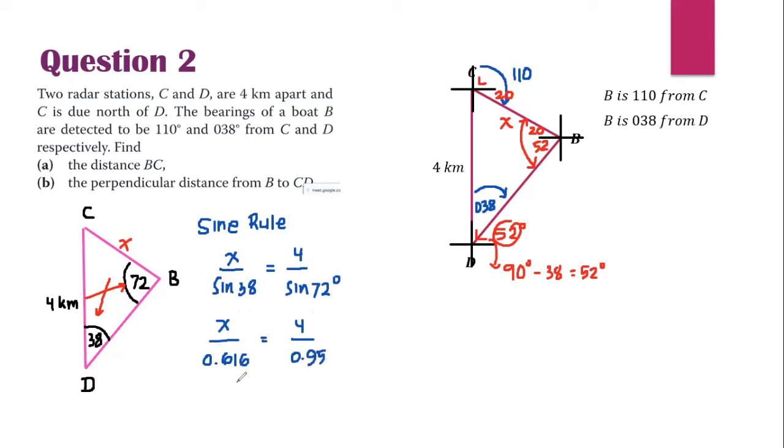Okay, by using cross multiply, we got x equal 2.594 kilometer. So x is BC. So BC equal 2.594 kilometer. Clear, everyone?